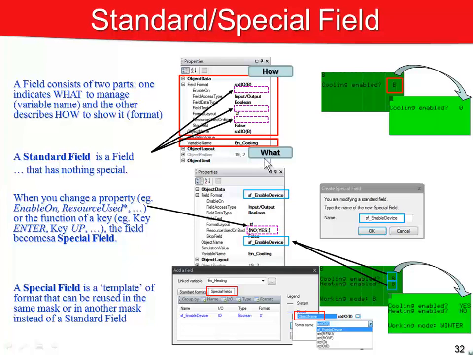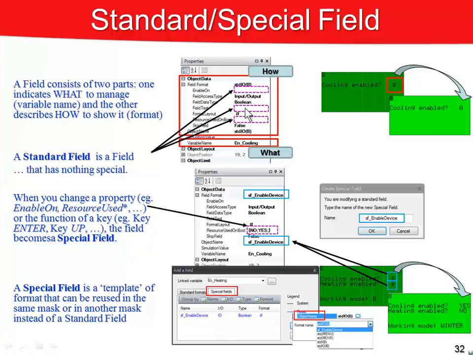That is the name of the variable. So in this field, we will show the value of the en cooling variable through this format. It is a boolean, an input-output, field text is not defined, enable is not defined, resource used on bool not defined, and so on.